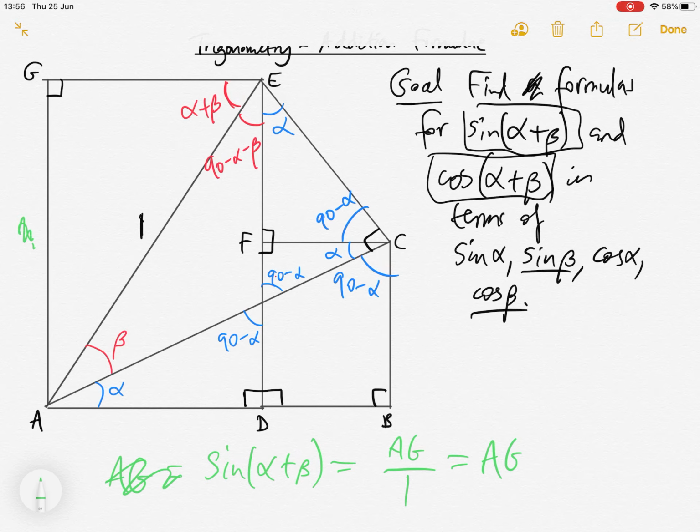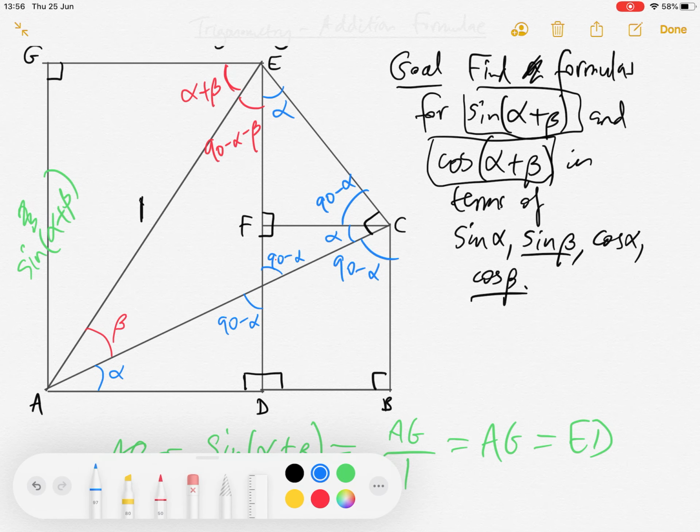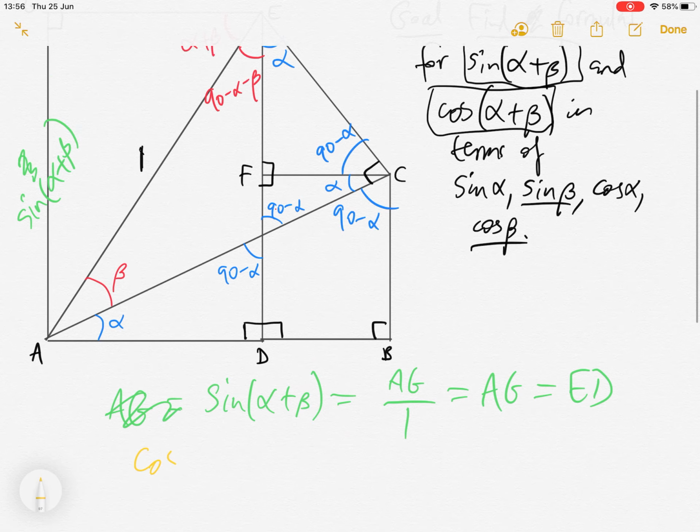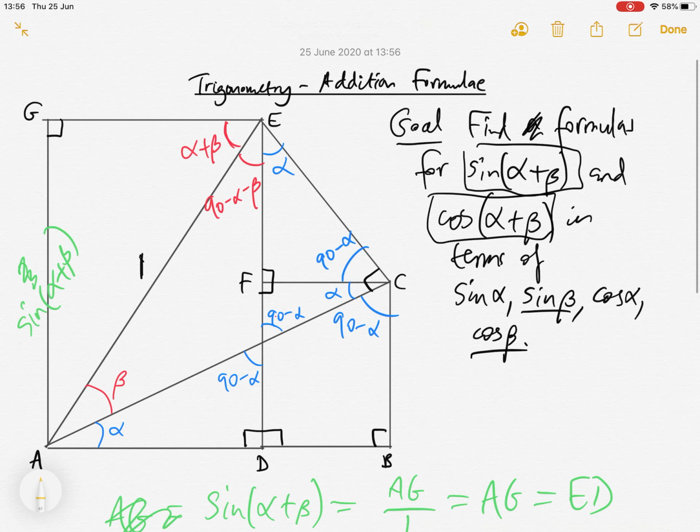So AG is sine alpha plus beta. And obviously by the same reasoning, ED is also sine alpha plus beta. And by a similar argument, cos alpha plus beta is GE over 1, which is GE, which is also AD. So GE is cos alpha plus beta.